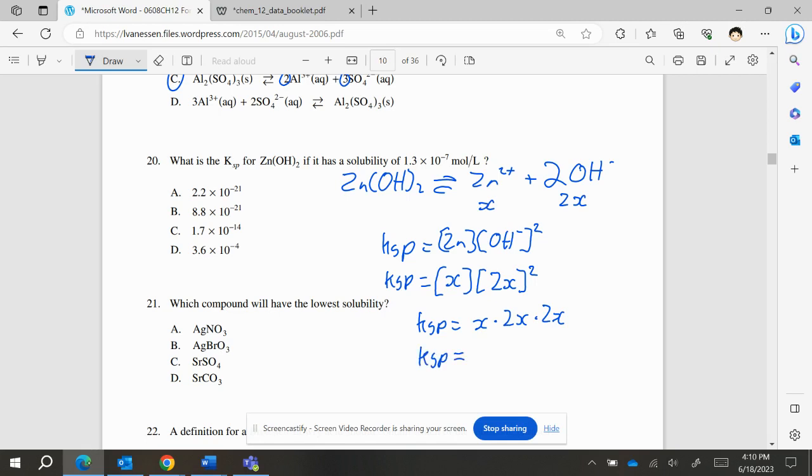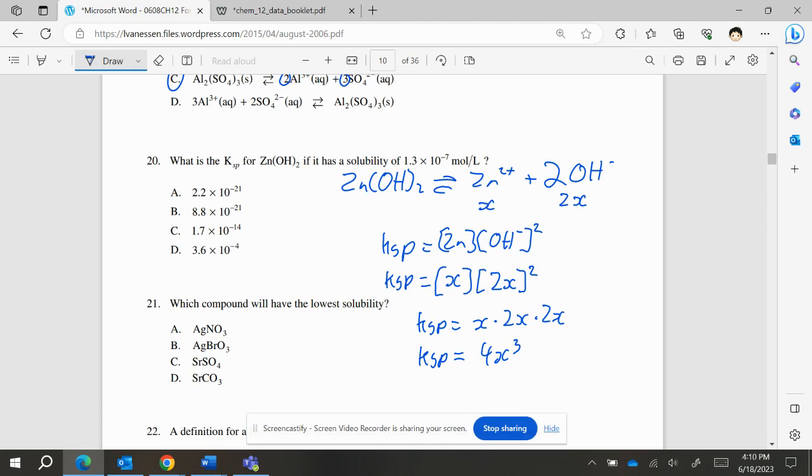X times X times X is X cubed, 4X cubed. Okay, so what is X? It's 1.3 times 10 to the minus 7. So go 1.3 times 10 to the minus 7, cube it, and then times it by 4. You do have to follow your order of operations, so don't times it by 4 first.